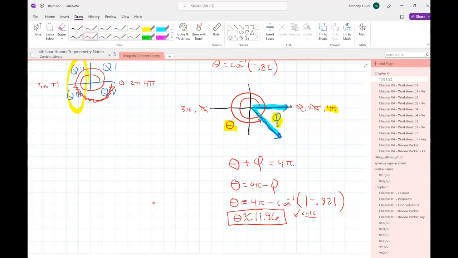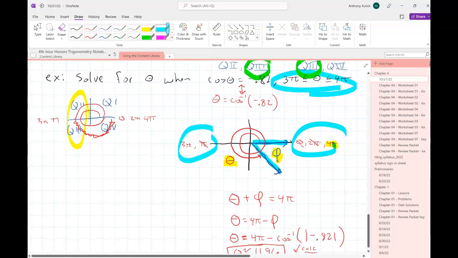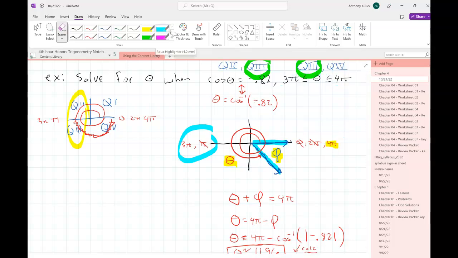What mode does your calculator need to be in? Radians. Why? We're using pi's in here, right? When we did this stuff, this is all telling you radian, radian, radian, radian, radian. Please be in radians.